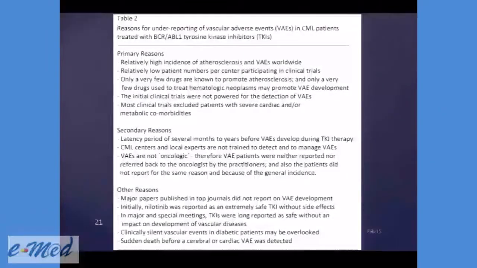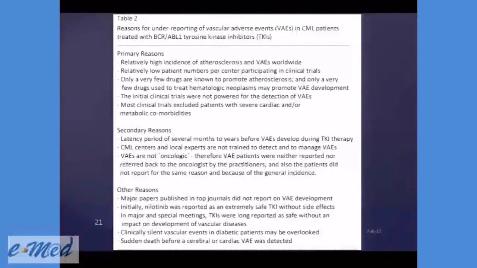Awareness of vascular adverse events in CML patients treated with TKIs increased only in recent years. Several causes might contribute to ignorance of these side effects. These include the low number of patients per center participating in clinical trials, since CML is a rather rare disease, the fact that atherosclerotic disease is rather common, and the fact that most clinical trials excluded patients prone to develop cardiovascular side effects.